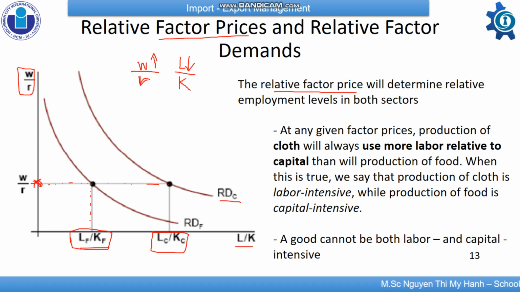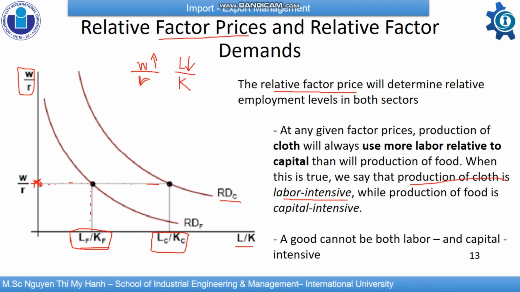And when it happens, we say that the production of cloth is labor intensive and the production of food is capital intensive.